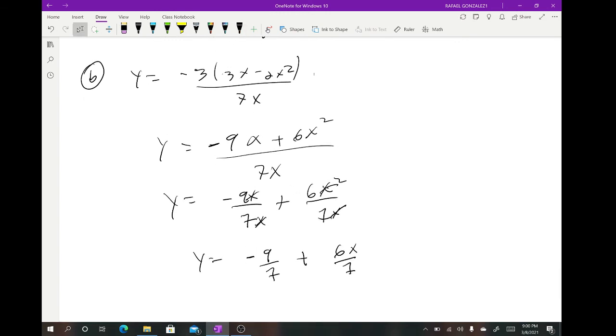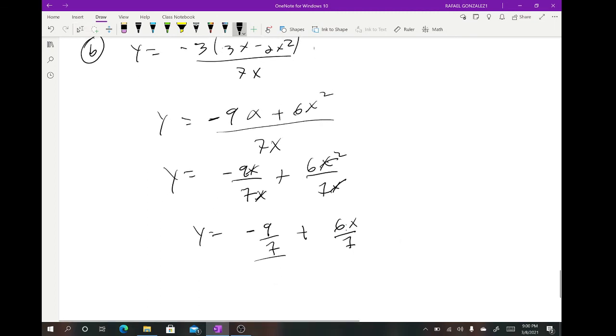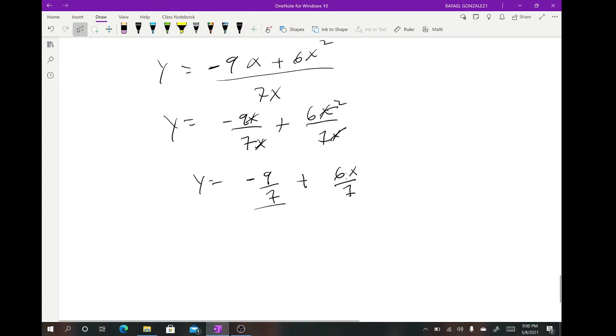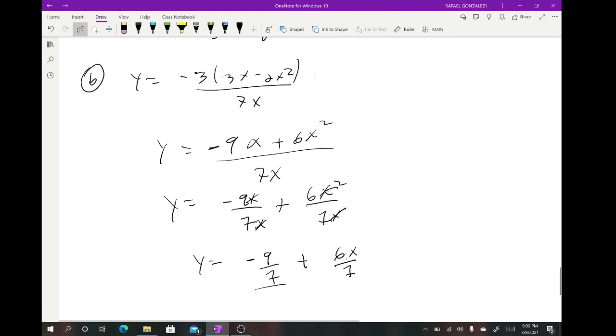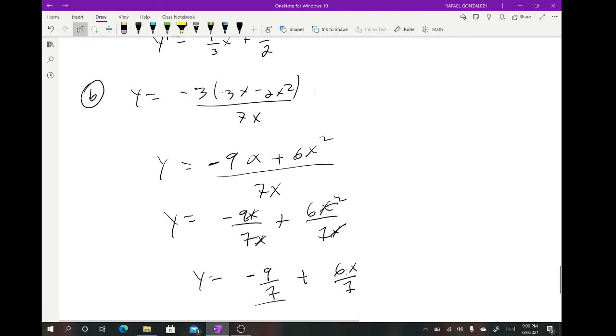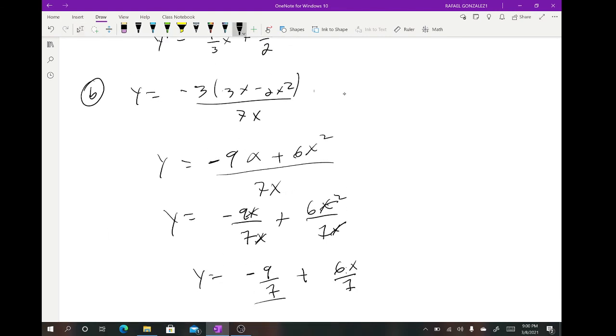And then the derivative of this is actually very easy to take, because the derivative of this is going to be 0, and this is going to be just 6 over 7 as your solution, because it's just the constant multiple rule. You have 6 over 7 times x. So if you rewrite it first, then you'll see that you will not have to use the quotient rule here. Using the quotient rule can be very tricky. Right? So this is the end of this part.